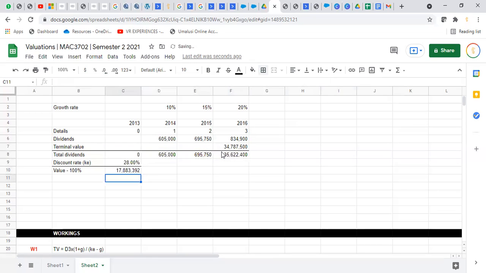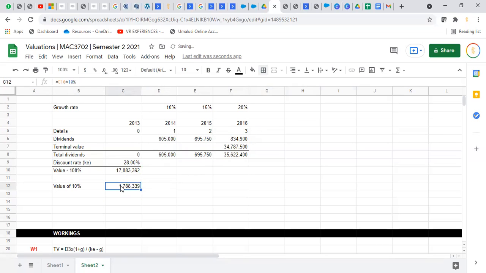So there we go. Okay, so the value of 100% is 17 million rand. Okay, but we don't want 100%. So we want a value of 10%. That's what the required wanted. So all we're going to say is 100% value multiplied by 10%.